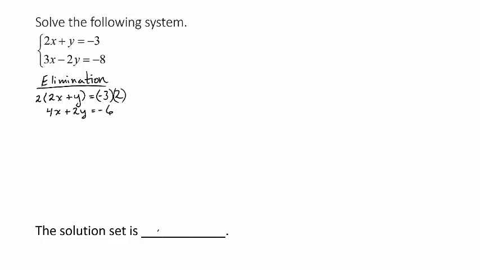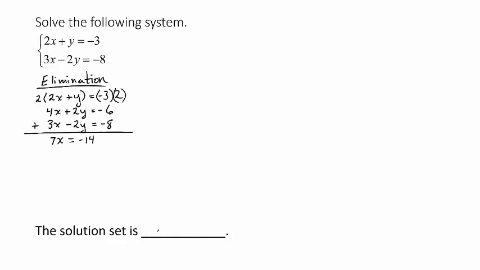And what was the other equation I had? It was 3x minus 2y equal to -8. Okay, so now if I add these together, 4x plus 3x is 7x, right? 2y minus 2y is eliminated, right? And then -6 minus 8 is -14, okay?